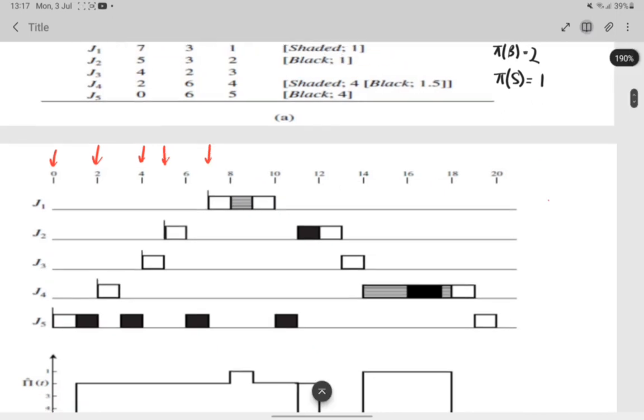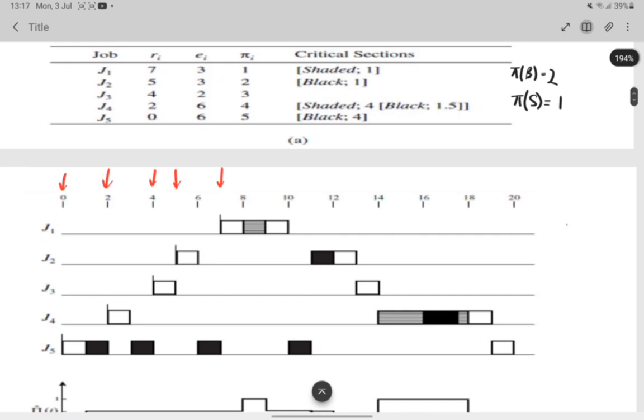So now at time 10, we know that job 1 is already done, and currently job 5 has the highest priority because job 5 has inherited the priority of job 2, which is 2. So job 5 will continue to execute for 1 unit of the resource.